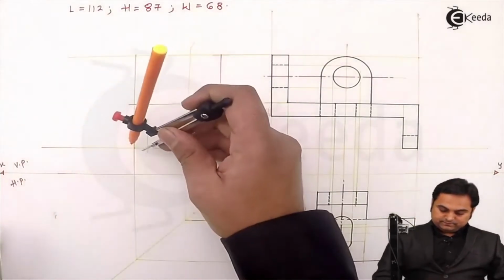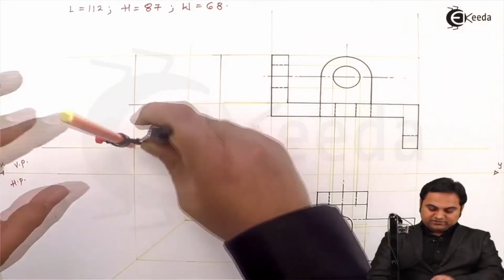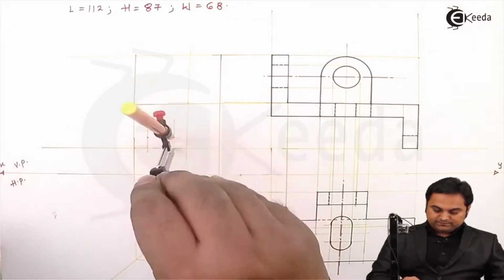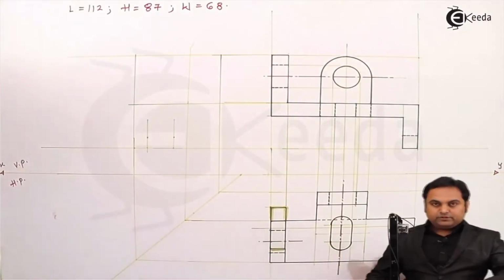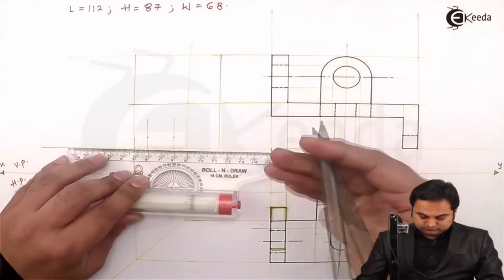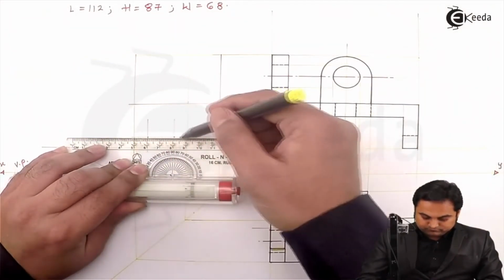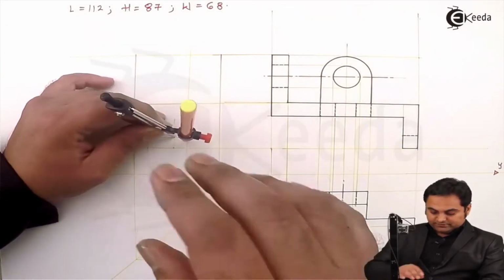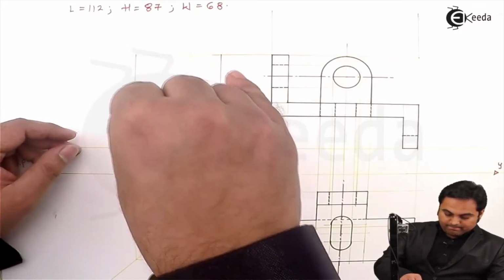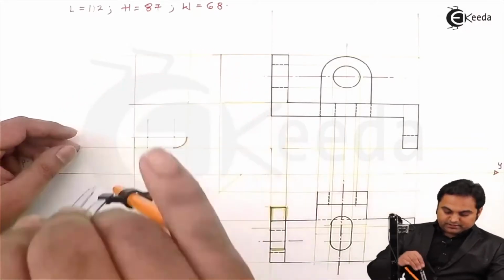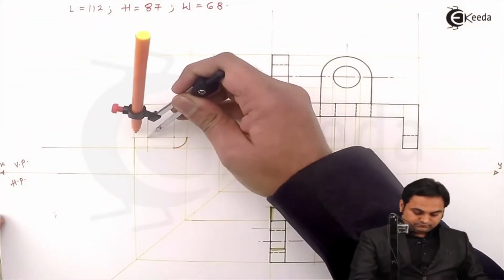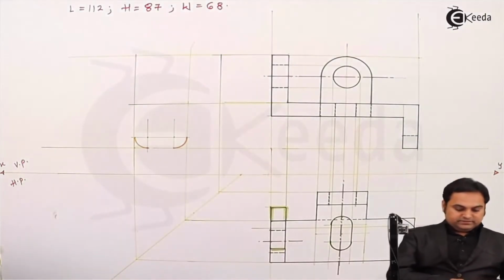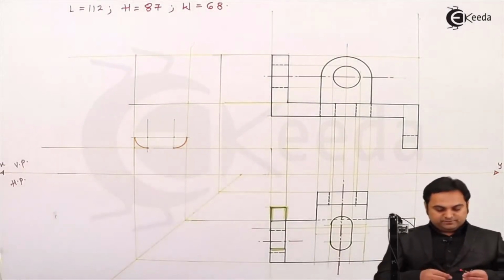Then after measuring 10, I am transferring it onto this vertical line, even here. Next, drawing a light horizontal line through them. Keeping the same radius, 10 mm, drawing an arc here. Next, I'll make them dark as they are visible.